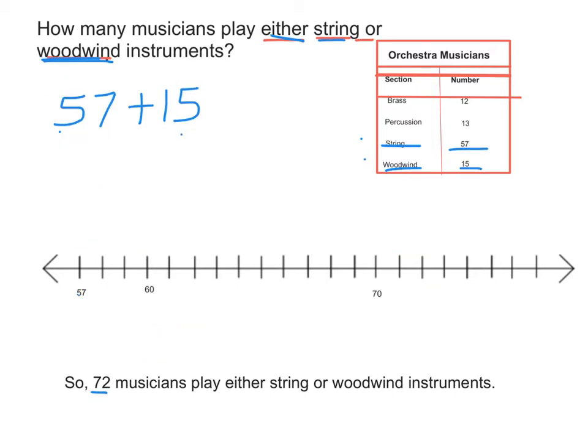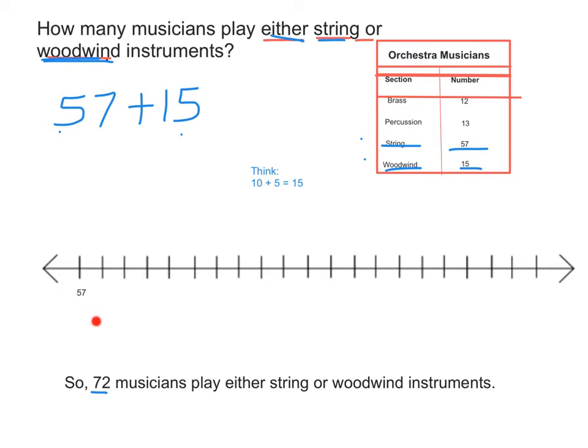Let's try it again, counting by tens and ones to find 57 plus 15. But this time, we're going to count by tens and then count by ones. So we know in the problem, 57 plus 15, we are starting at the number 57. And then we have to add on 15 more.